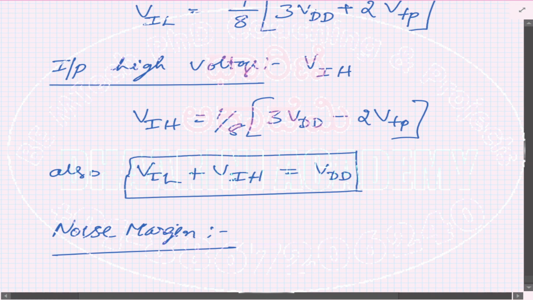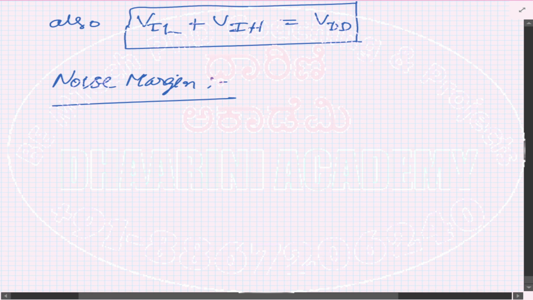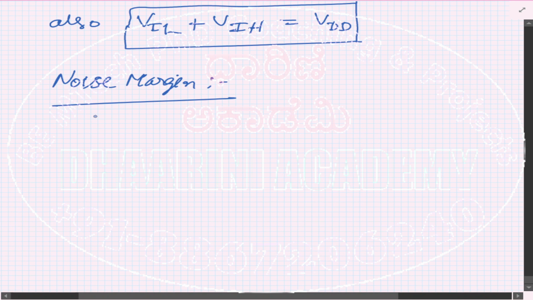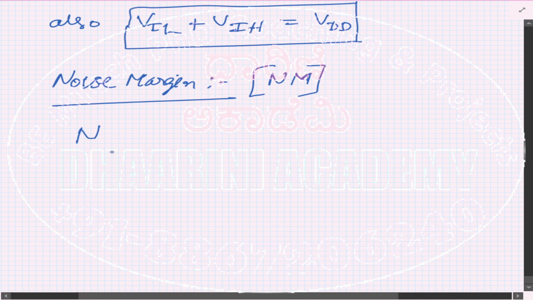Okay, we have four types of noise margins defined, right? Directly I'll write the equations. Normally the questions will be coming over there. So first one, noise margin is denoted by Nm, and there are four types of noise margins. One is Nm high.